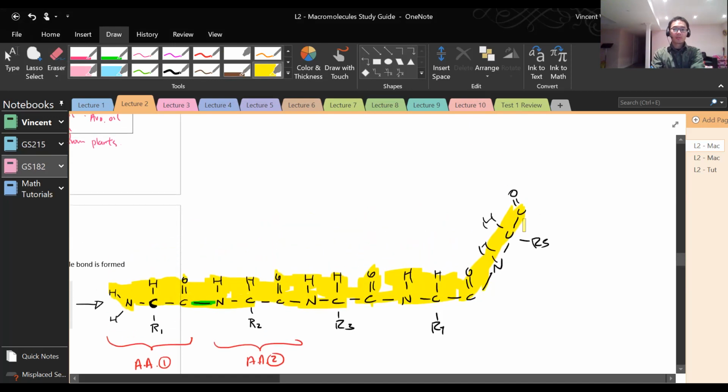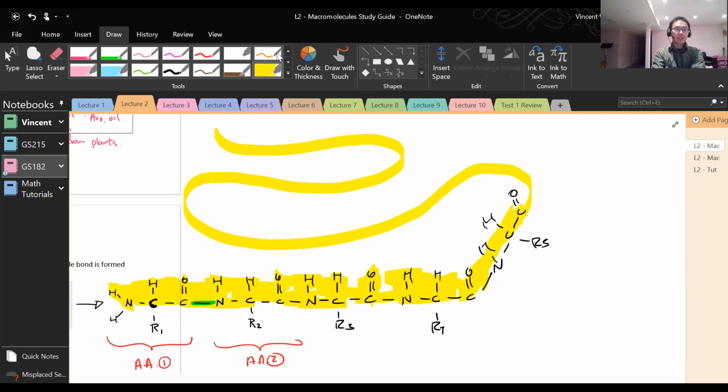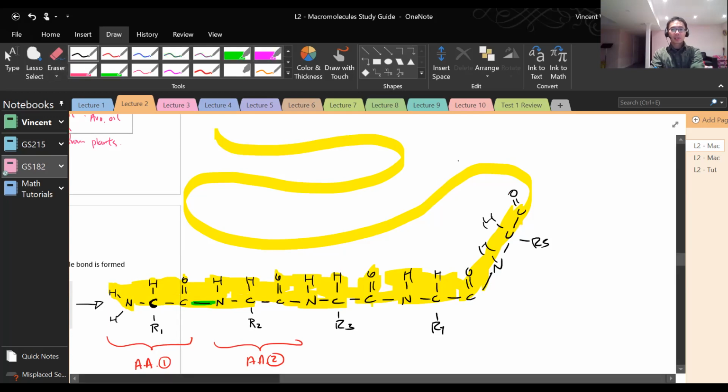So this could go on for hundreds and hundreds of amino acids. This yellow ribbon that I drew is called the peptide backbone. This does not change. It's just repeating units of NCC, NCC, NCC, NCC. It goes on forever, right? What does change is the side chain.